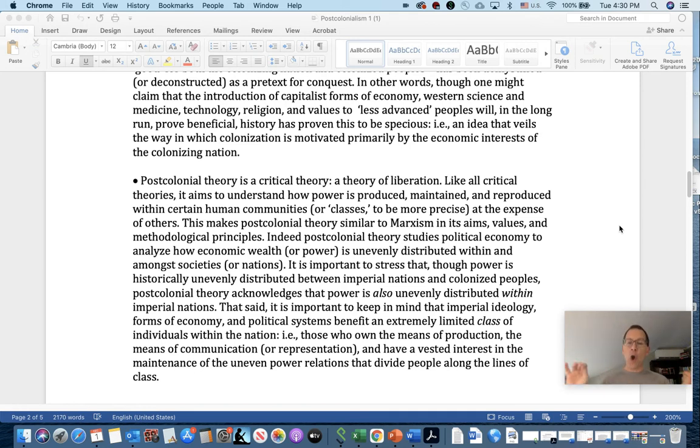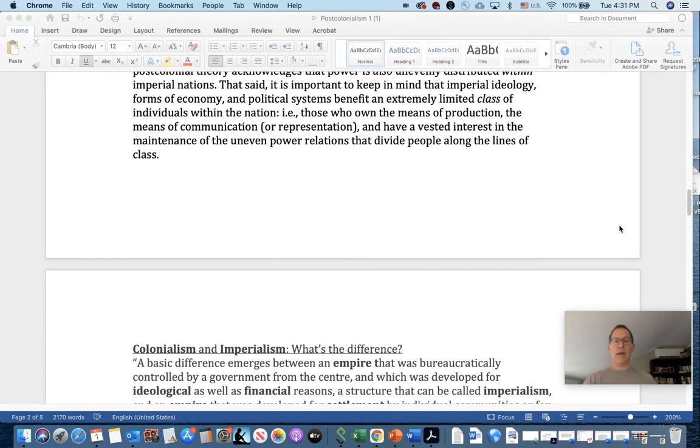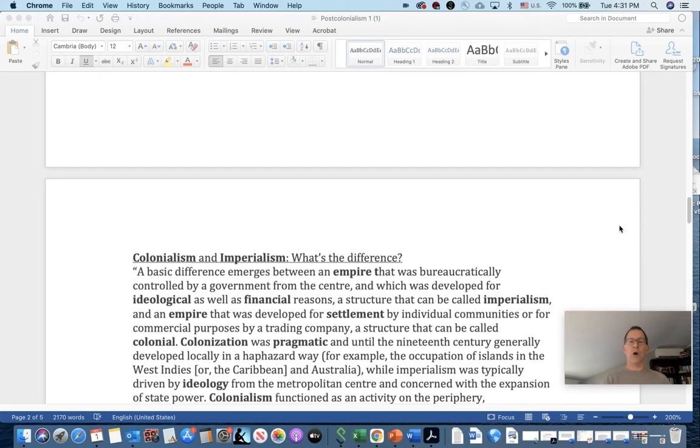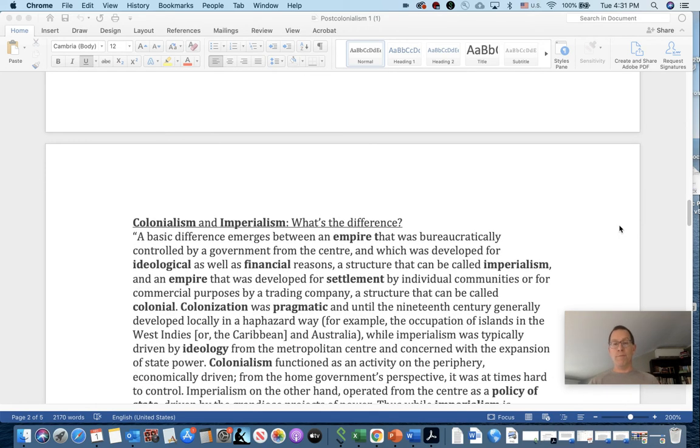That is, those who own the means of production, the means of communication or representation, the means to disseminate ideology, right? Those who own the superstructure and have a vested interest in the maintenance of the uneven power relations that divide people along the lines of class, as you'll recall from the unit on Marxism.